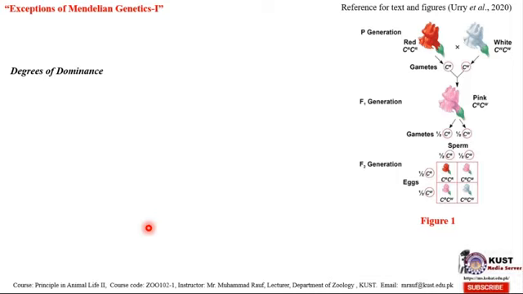So in our next lecture we will discuss the exceptions of Mendelian genetics in polygenic traits. In this lecture we will only discuss the exceptions of Mendelian genetics, keeping our focus on only those characters which are controlled by a single gene.